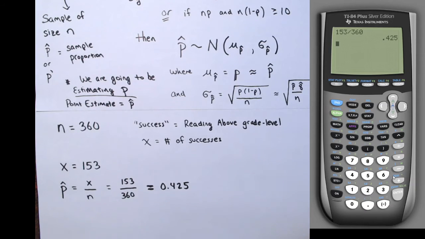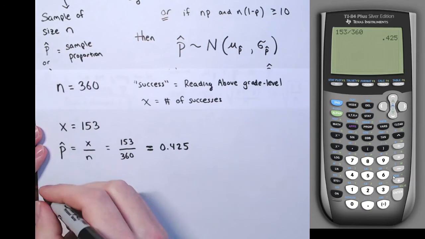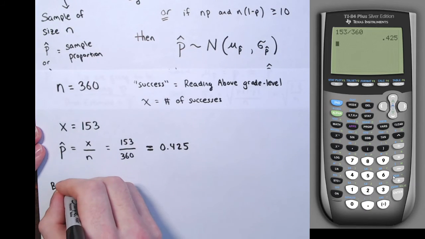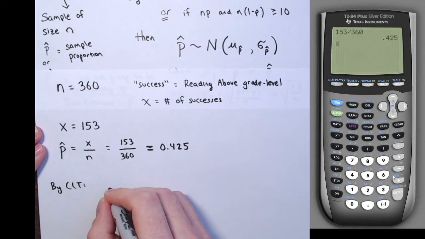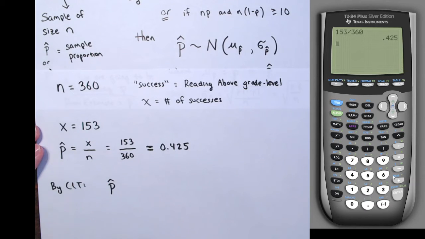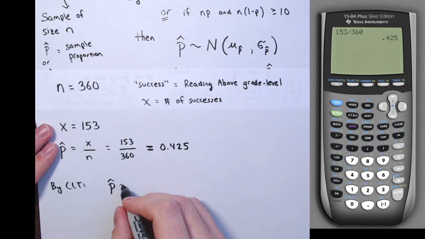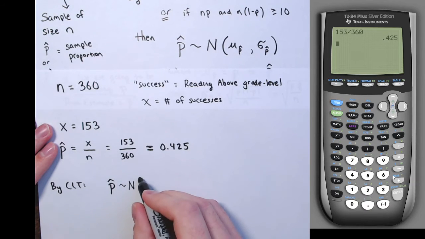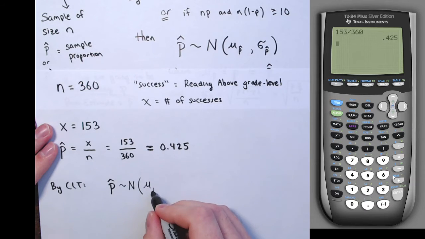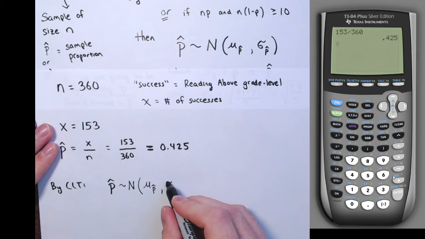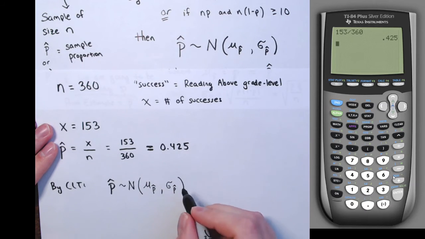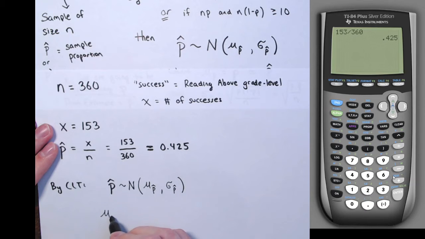All right. Now again, by the central limit theorem, the distribution of all the sample proportions for samples of size 360 should be normally distributed with a mean, mu p hat, and a standard deviation, sigma p hat, where the mean of these sample proportions should be equal to the population proportion.